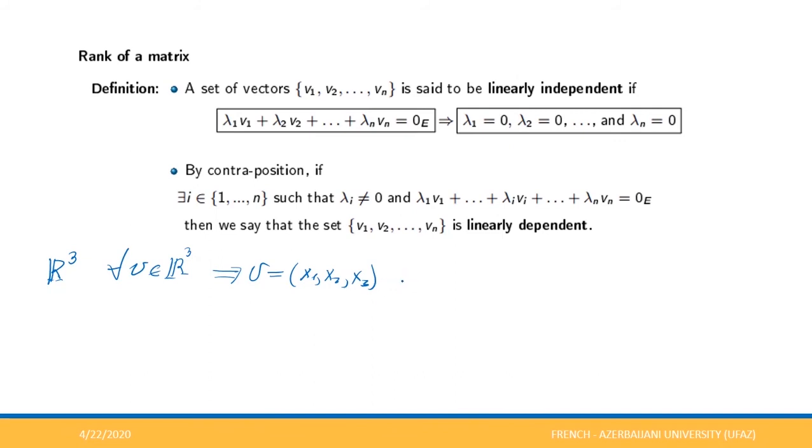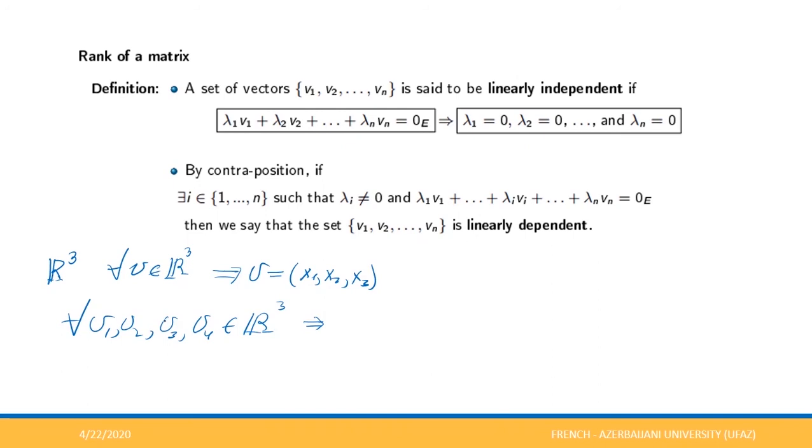And also, you know that if we take 4 vectors from 3-dimensional space, for example v1, v2, v3, v4, then we can write one of them as a linear combination of others.